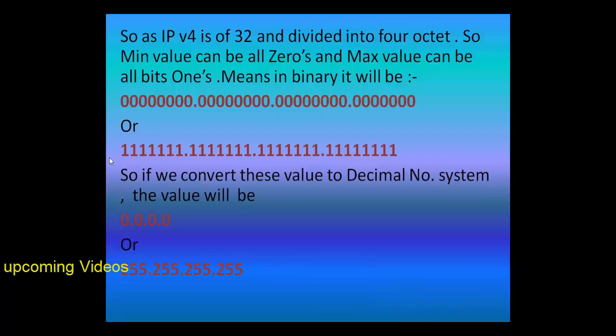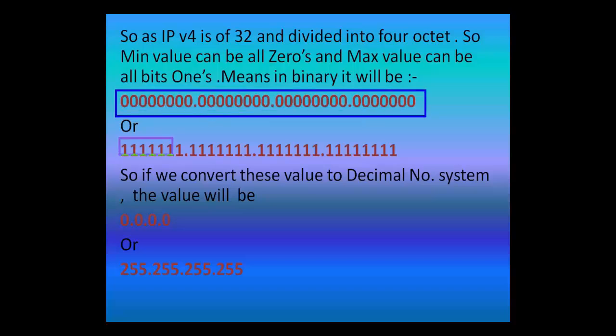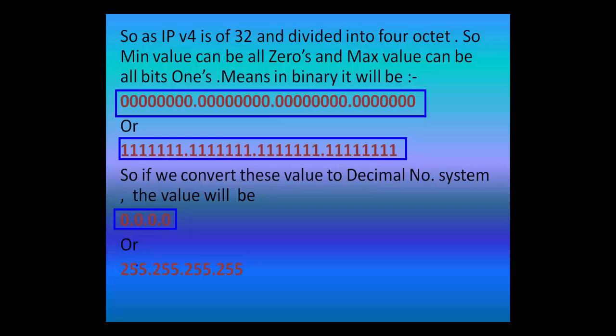So I was discussing what can be the minimum and maximum value of an IP. You can see here in the decimal number system, the minimum IP can be 0.0.0.0 to 255.255.255.255. So this can be the minimum to maximum IP value.